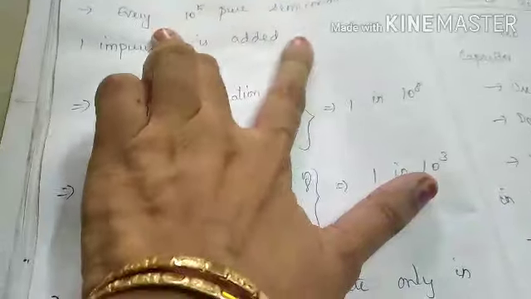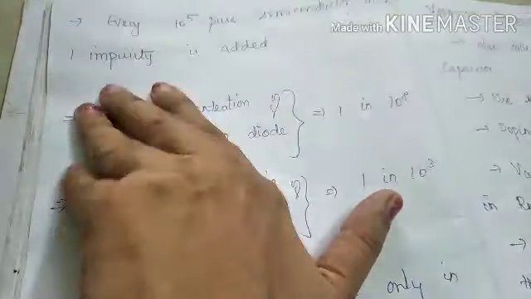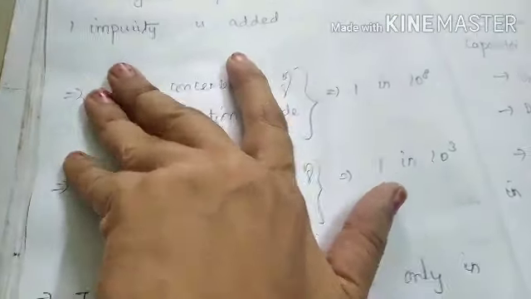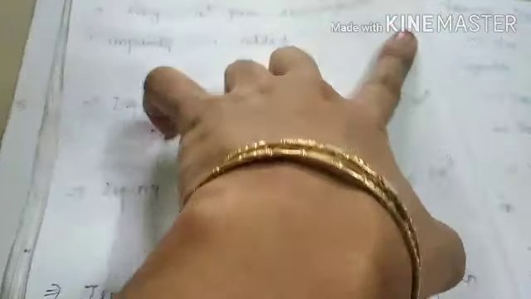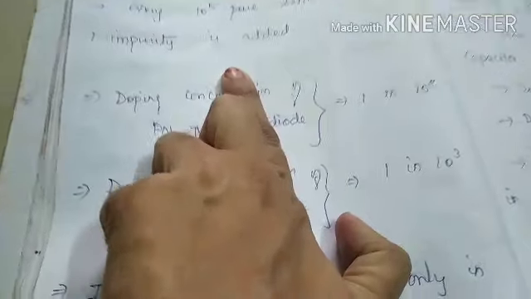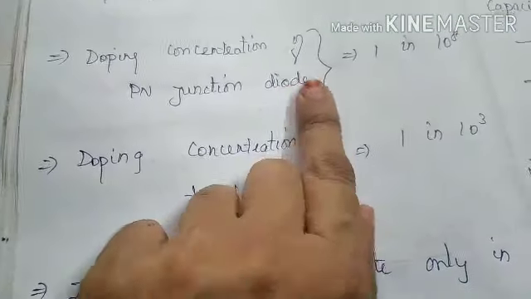Listen carefully: for every 10 power 5 pure semiconductor atoms, one impurity is added. That is said to be the doping concentration, 1 in 10 power 5.